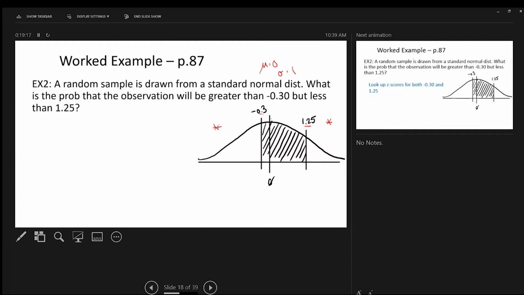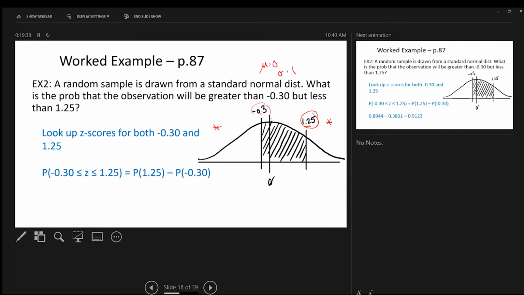And we're saying, what's the probability that an observation will be greater than this but less than this? So we're looking for the area between those two numbers. So we have to look up the probabilities for both of those z-scores.